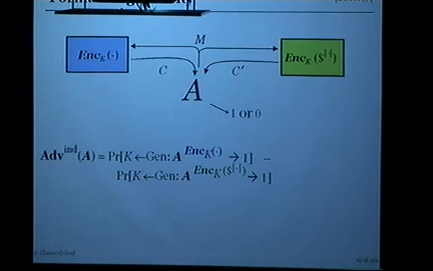Now, this value is not the advantage. Rather, the advantage is taken to be the difference between these two probabilities. This first probability is what happens when the adversary has this blue box whose description I've just given. If instead we provide the adversary this green box, we'll get a different number out as its probability of outputting 1. The green box behaves as follows. First, we choose the key K at the beginning of the experiment and leave it fixed, just as before.